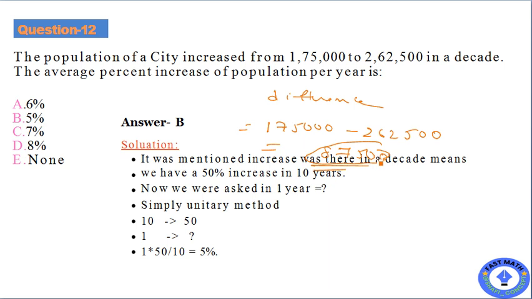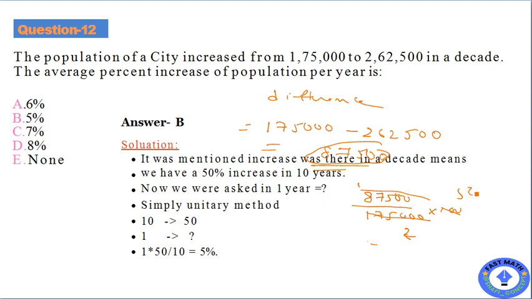But if you check this, this 87,500 is nothing but half of 1,75,000. That means 87,500 divided by 1,75,000 into 100. I am showing you, it is getting cancelled into 2, and 2 is getting cancelled into 50.